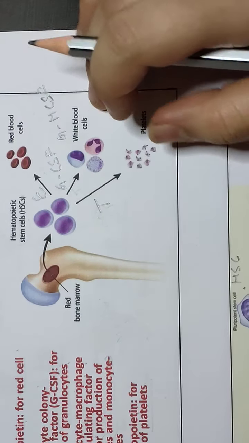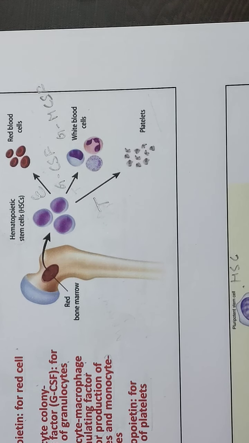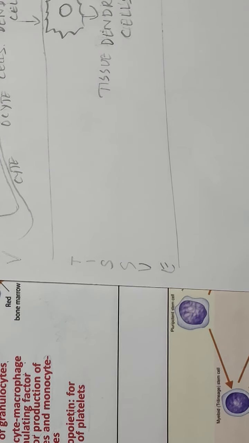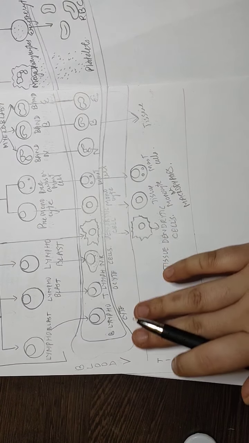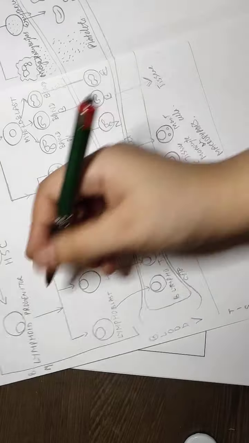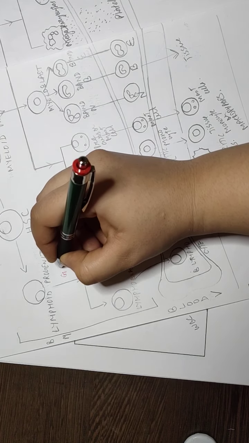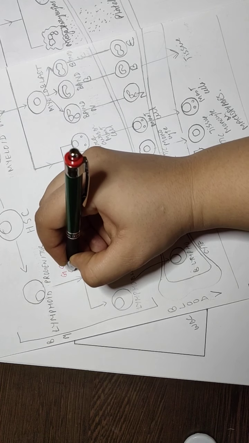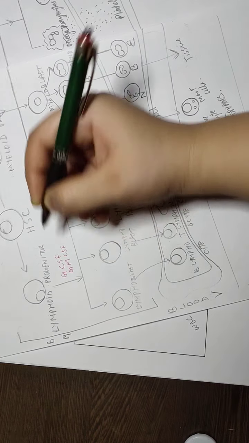So these will help. If I have to add these factors in this particular diagram that we had drawn, you need to understand. See, you are seeing all the white blood cells over here, right? So what is the factor that will come over here? Just common sense. You have your granulocyte colony stimulating factor and granulocyte monocyte colony stimulating factor.